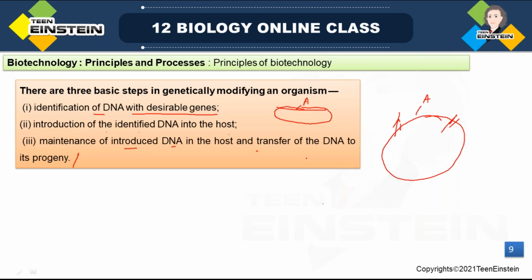So which are the three basic steps? First, identification of DNA with the desirable gene, then introduction of the identified DNA into the host, then maintenance of the introduced DNA in the host and transfer of that DNA into progeny.